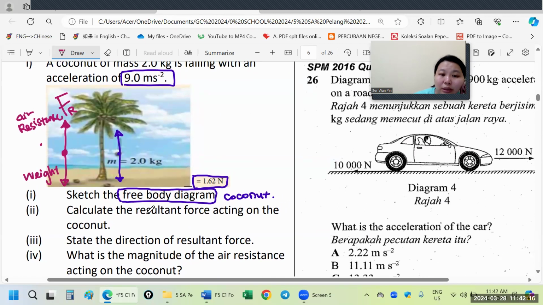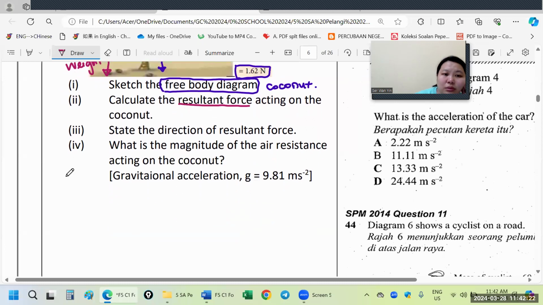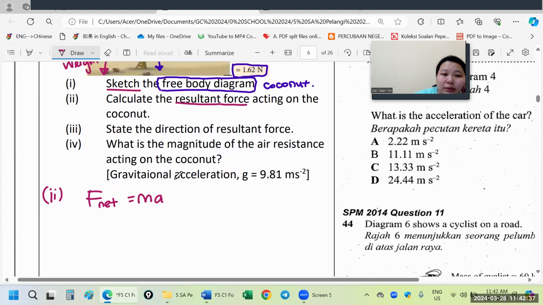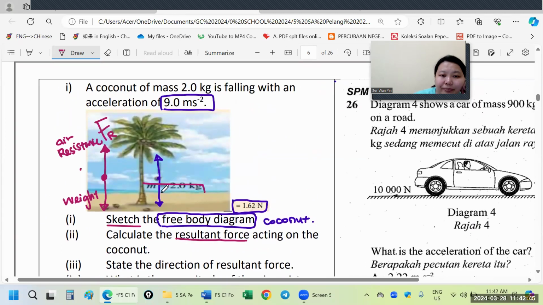Okay, now calculate the resultant force acting on the coconut. Number 1 we already drew, sketch. Number 2, calculate the resultant force equals to MA. Actually the resultant force can be found from net force or from MA.